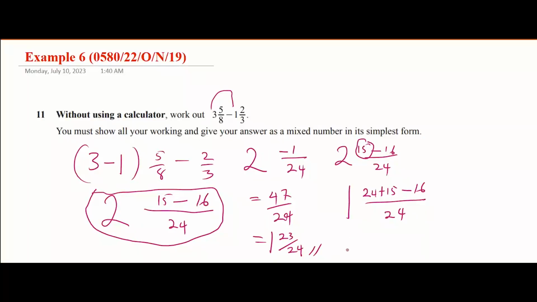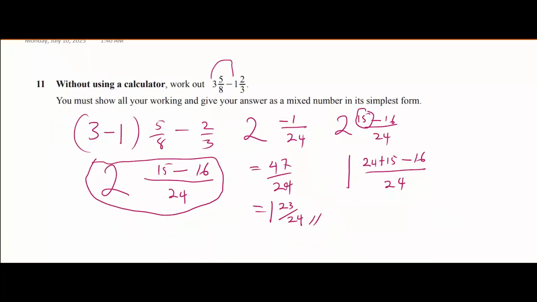So this will, let's scroll down a little bit. So this will give us 1 whole. So if you add 24 to 15, of course, that will give you 39, then subtract 16 out of 24. So 39 subtract 16: 9 take away 6, that will be 3.